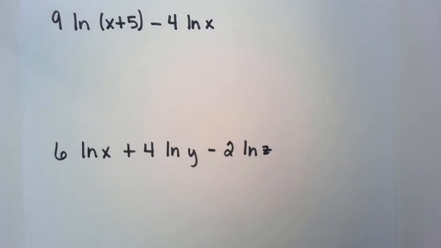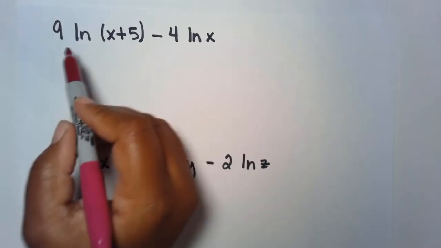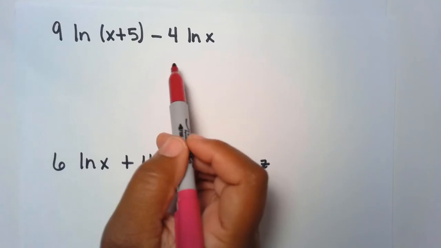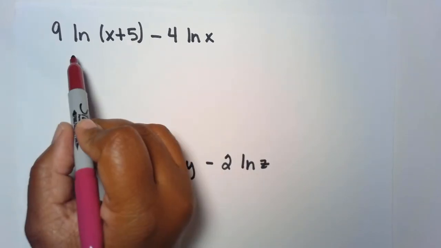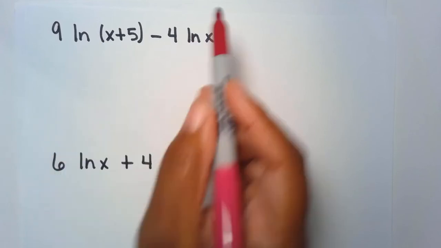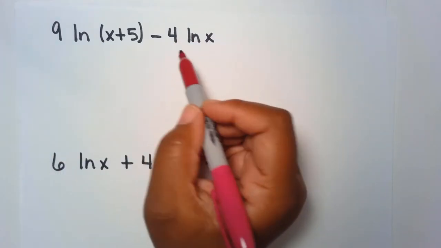All right, here we go. So anytime we have a number in front of the log or the natural log, we're going to start off by using the power rule. So this next example, 9 times ln of x plus 5 minus 4 times ln of x.